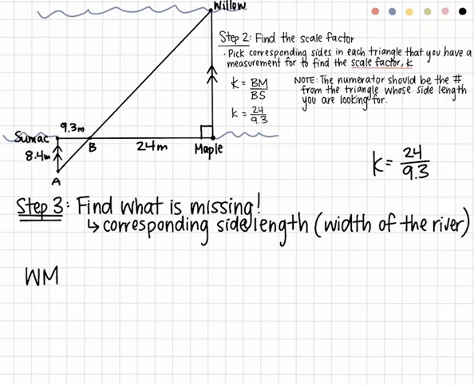I'm going to write WM because I know that's my missing side length because that's what they're looking for, the width of the river. So whatever you're looking for goes on the top, okay? So what you are looking for, put as your numerator.